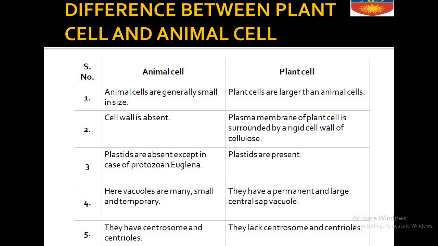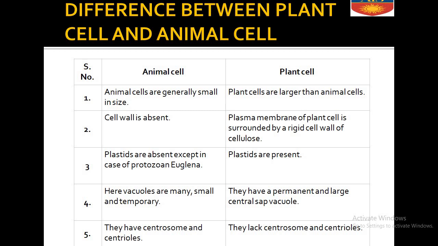Now, how many types of plastids were there? 3 types: chloroplast, chromoplast, leucoplast. Chloroplasts were responsible for imparting a green color to the leaves. Chromoplast imparts a bright color to the petals and fruits, to the peel of the fruits. Whereas leucoplast is colorless, it stores starch.